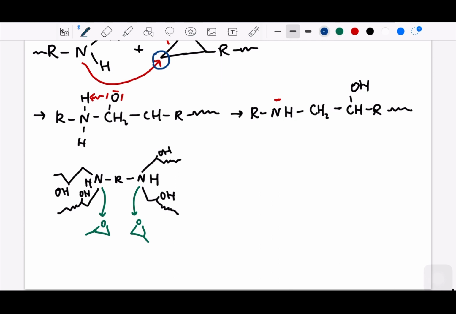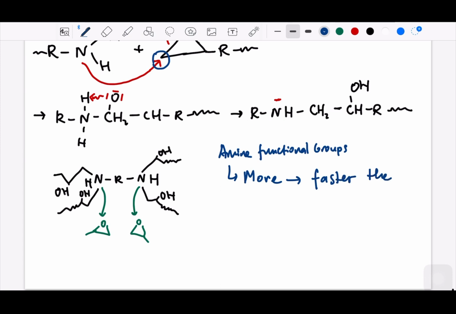And this amine functional group, the more we have, if we take more, then the faster the solidification will be.